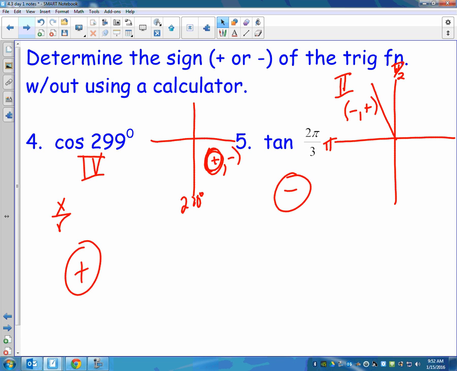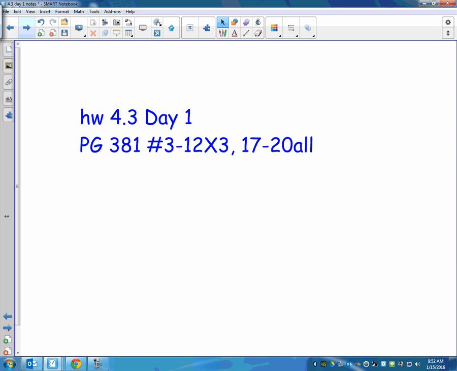So that's all, which means you're just doing 3 through 12 multiples of 3. I think those are using the new x over r, y over r stuff. And then 17 through 20, I think, are the last ones. Yeah, 3, 6, 9, 12, they give you a point. 3 and 6, they give you a picture.